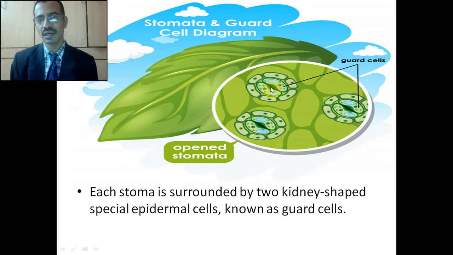This opening, or stoma, is surrounded by two guard cells, and these two guard cells are surrounded by modified epidermal cells, which are also called subsidiary cells. Here we see the structure of the guard cell. Usually, as we discussed earlier, in dicots these two guard cells are kidney shaped, and in monocots they are dumbbell shaped.